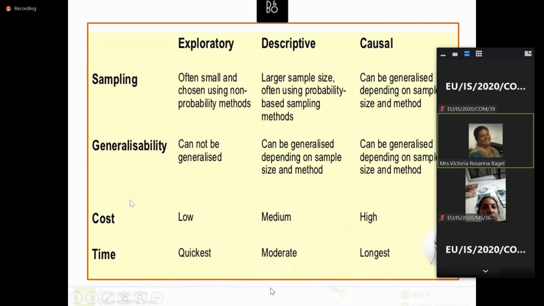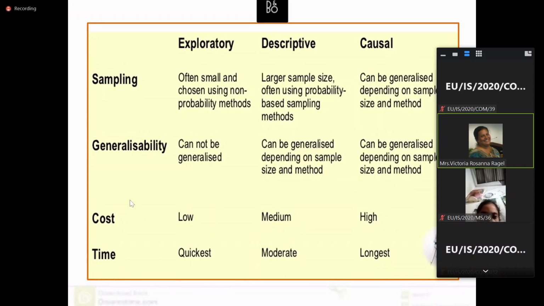And sometimes the descriptive one may be moderate time-wise, not lengthier, not the longest, but causal, of course, is going to be the longest, because we have to change one variable at a time and find out the results we are getting.